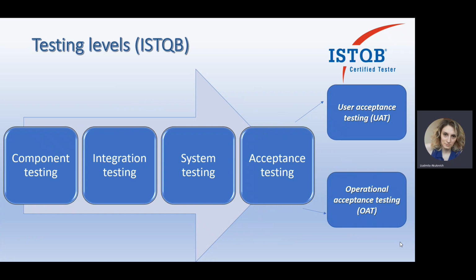First of all, acceptance testing can be divided into user acceptance testing and operational acceptance testing. The acceptance testing of the system by users, or user acceptance testing, is typically focused on validation, the fitness for use of the system by our final users.